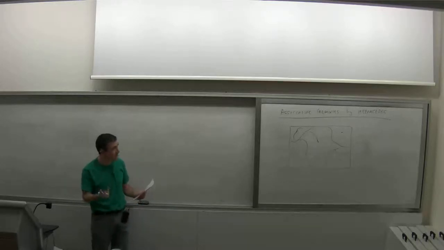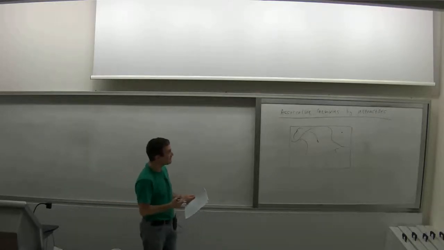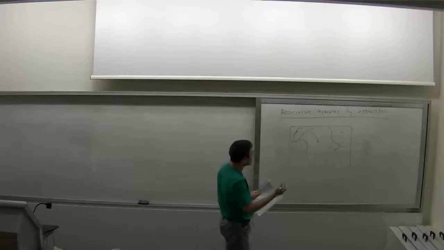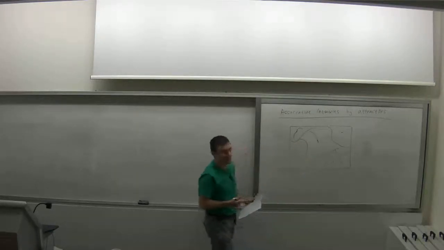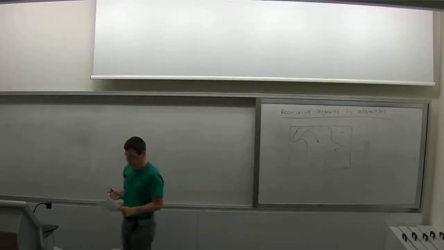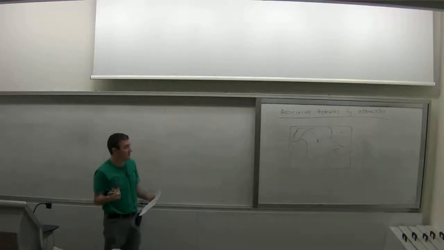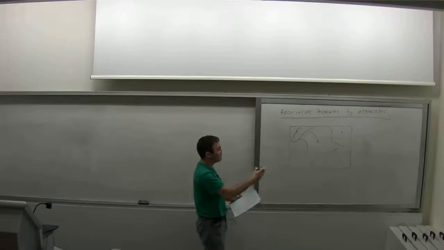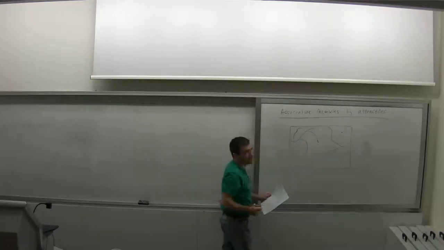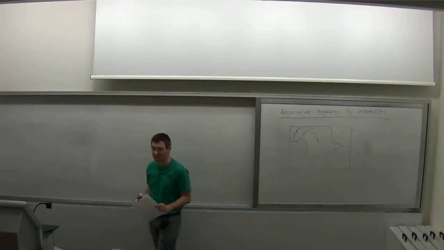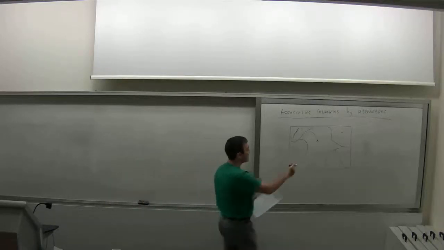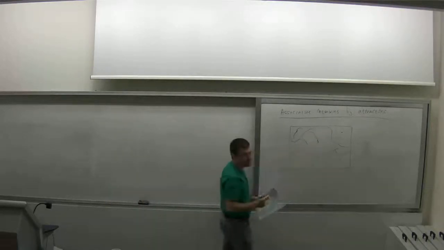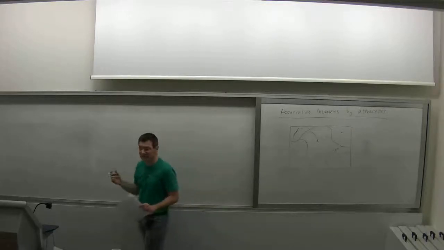And this is the idea of associative memory. We provide the network with partial information about the memory pattern that we are interested in, and the dynamics converge to the exact memory pattern.